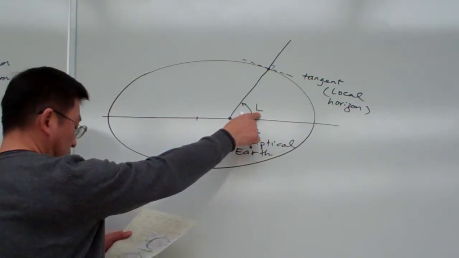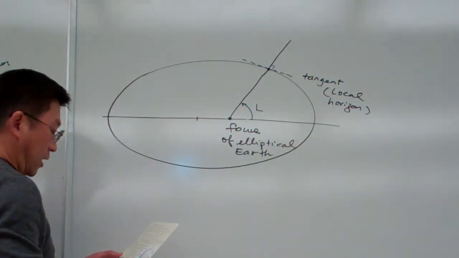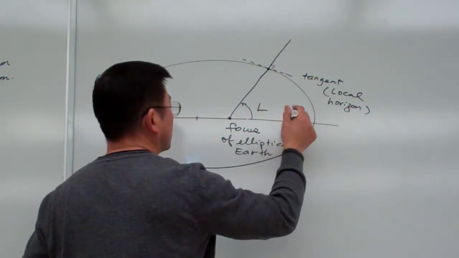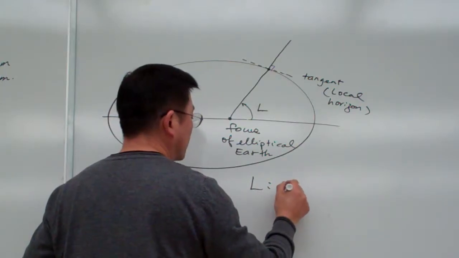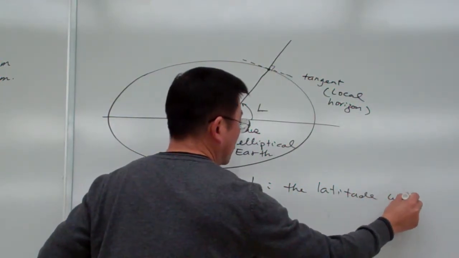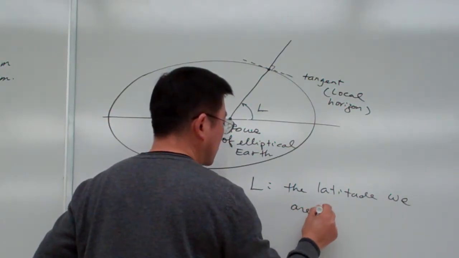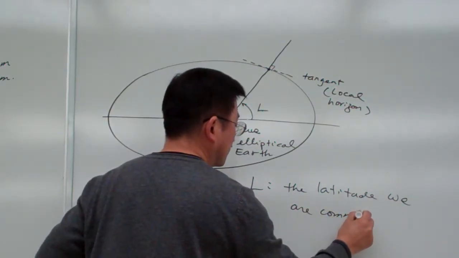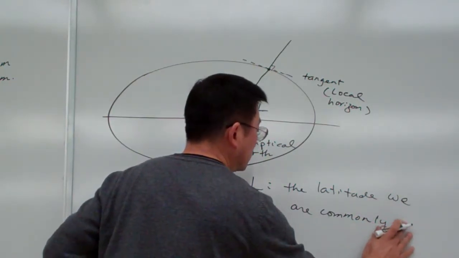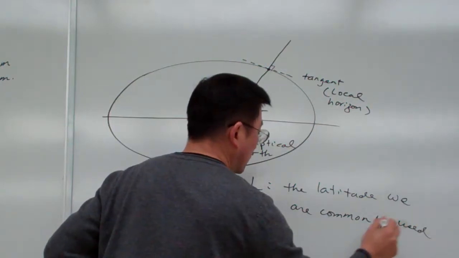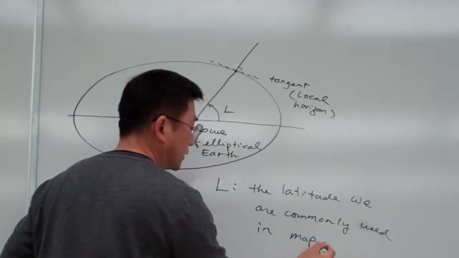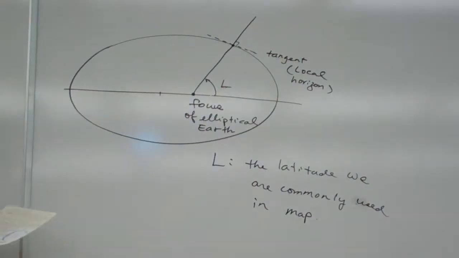But basically, I can tell you L is the latitude we commonly use in maps or whatever exercise, and that is the angle we refer to.